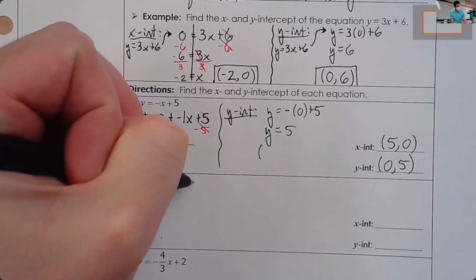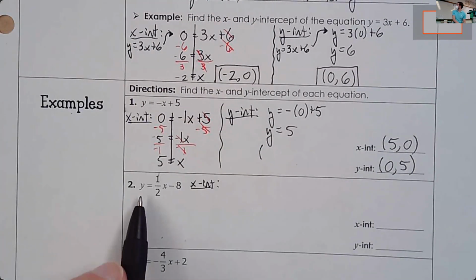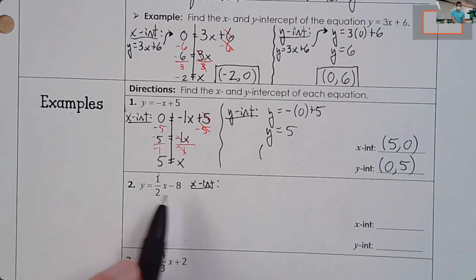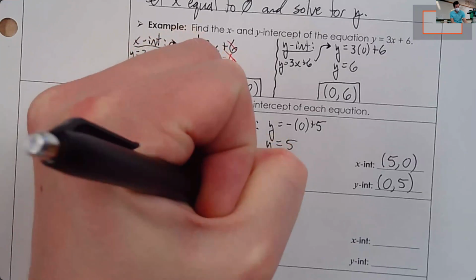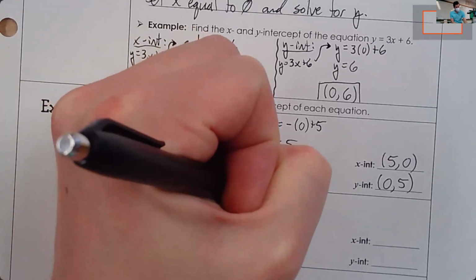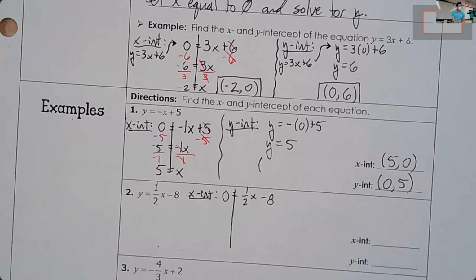Let's see, x-intercept. We're replacing y with 0, and we're solving for x. So we're going to say 0 equals 1/2 times x minus 8. When we do that, what's our first step here?